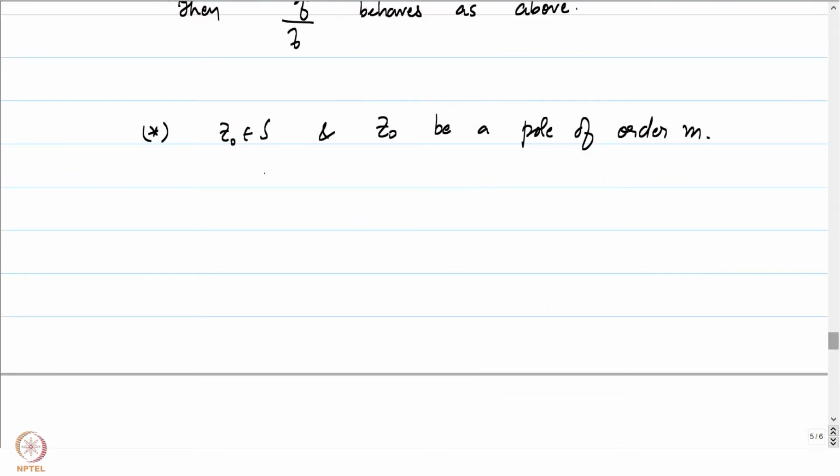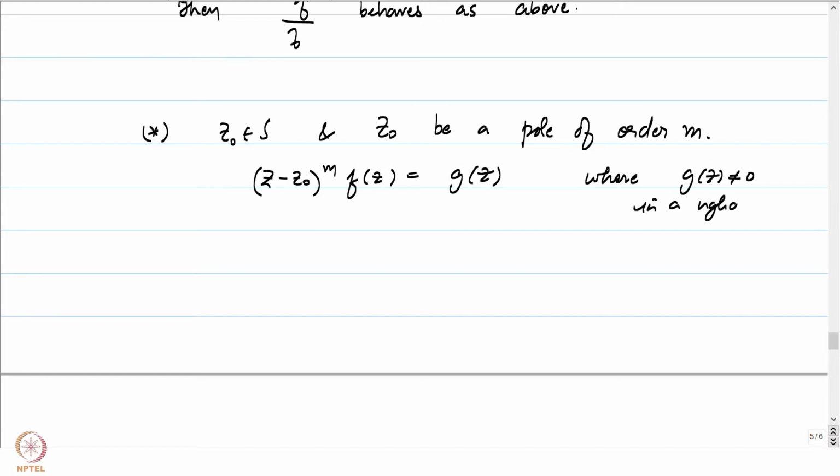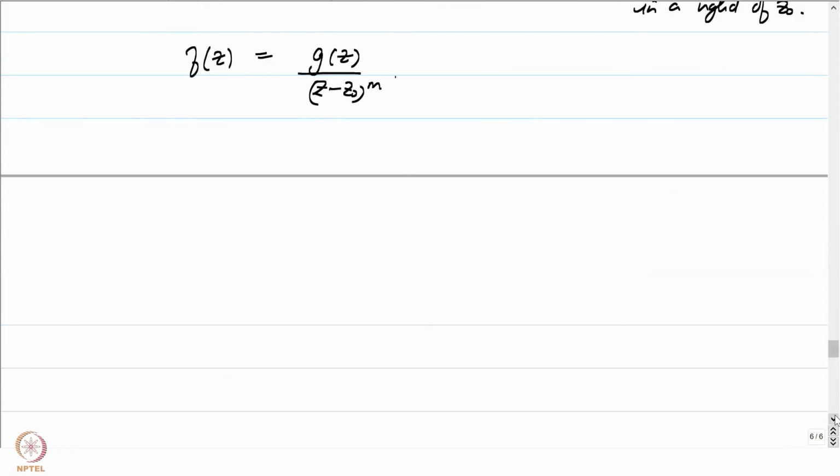Then what happens is that we have (z minus z0) to the power m times f of z equal to g of z, where g of z is not equal to 0 in a neighborhood of z0. And because of that, we can write f of z to be equal to the meromorphic function g of z by (z minus z0) to the power m. Then what will be the log derivative?